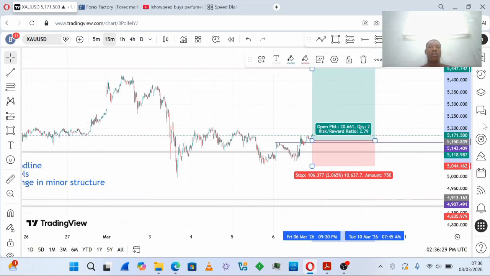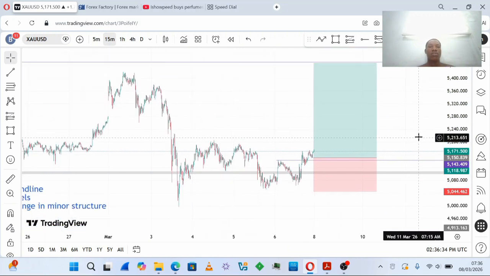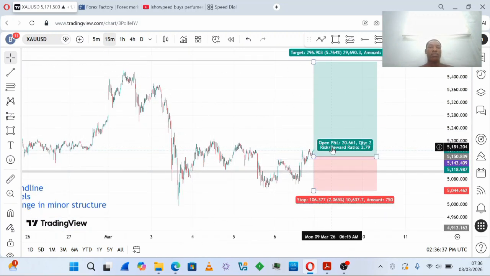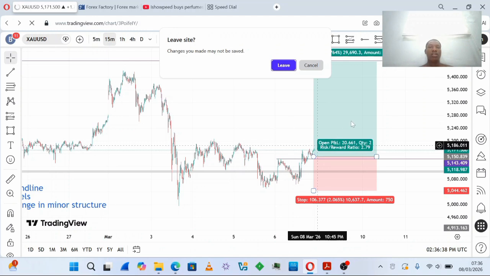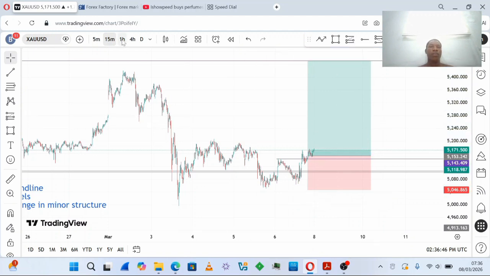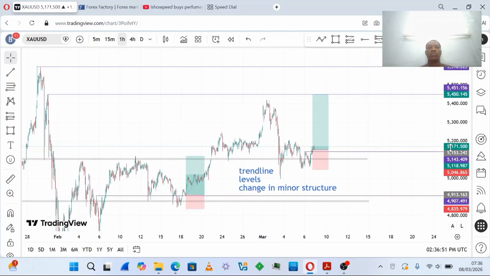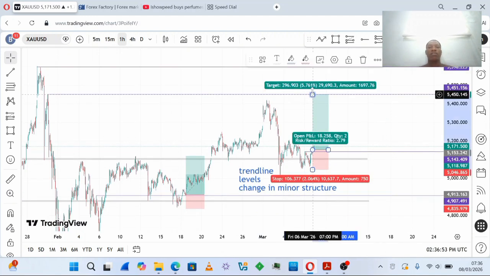But the overall level will be at this level, the previous high he made before coming down, which will be here.